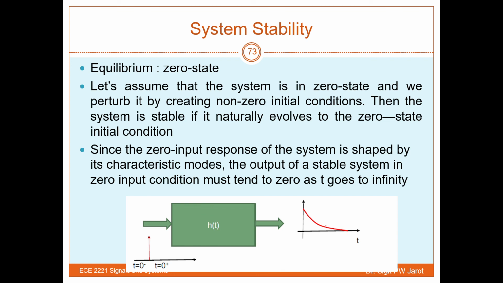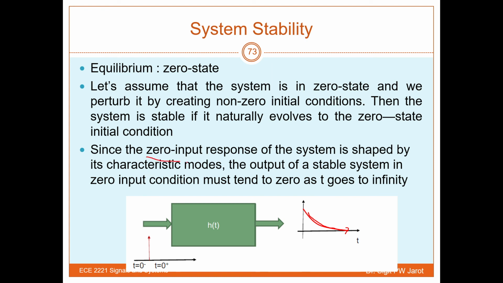We first check that it is in the zero state, and then we suddenly disturb it with a non-zero state. If the system naturally evolves back to zero, that means the system can be a stable system. At the end it goes to zero, or to the equilibrium condition.